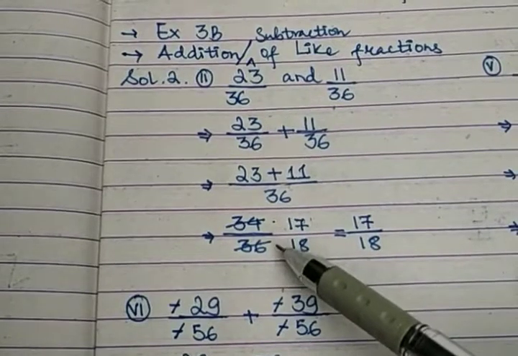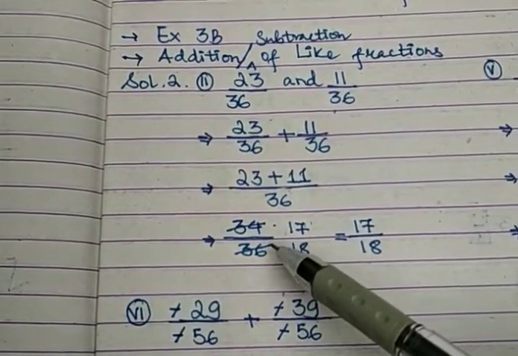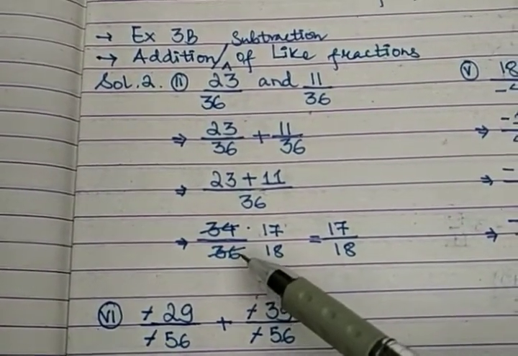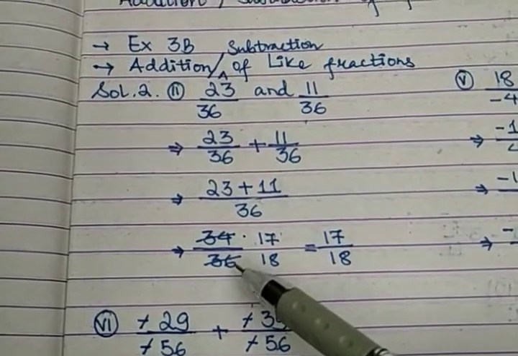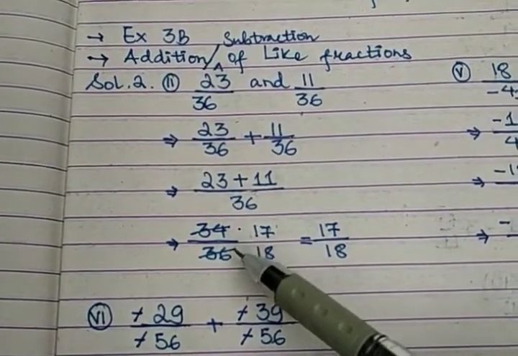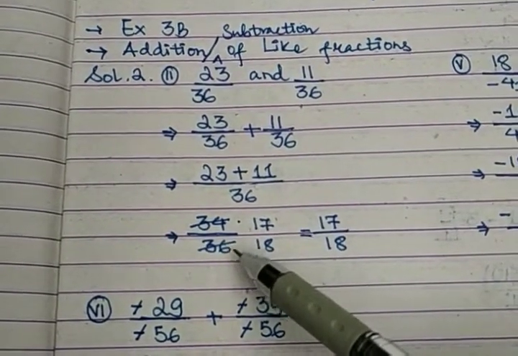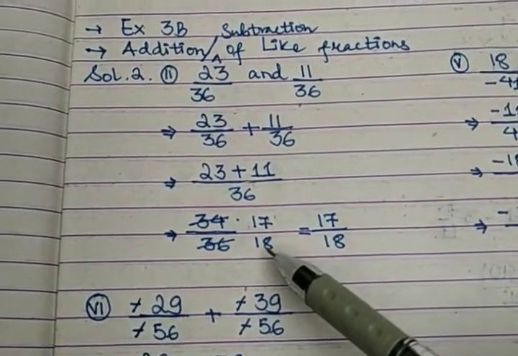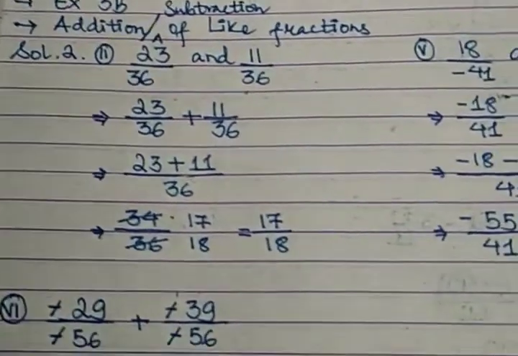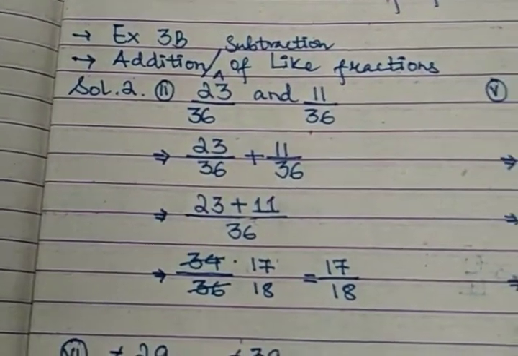Now 34 and 36 have 2 as a common factor. As you know, we need to keep our answer in the simplest possible form. So I cancelled the numerator with 2 as well as the denominator with 2. 2 1s are 2, 2 7s are 14, 2 1s are 2, 2 8s are 16. Therefore I got 17 by 18 as my answer, and it's in the simplest form.